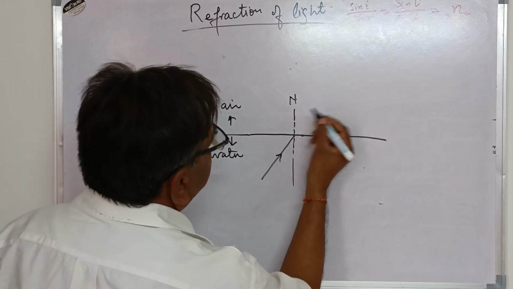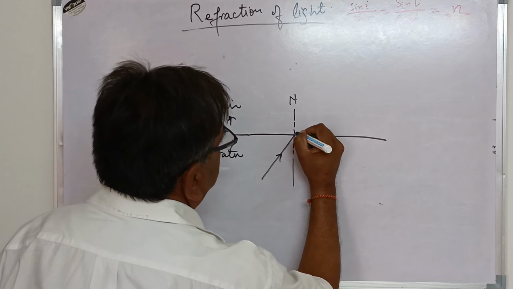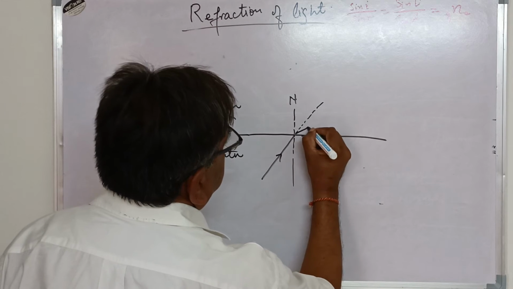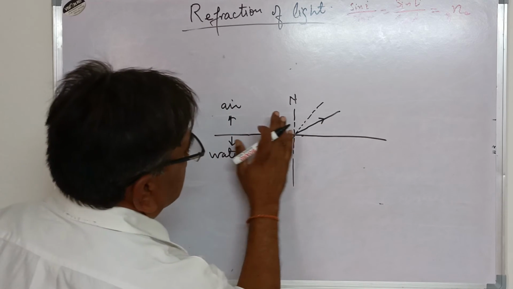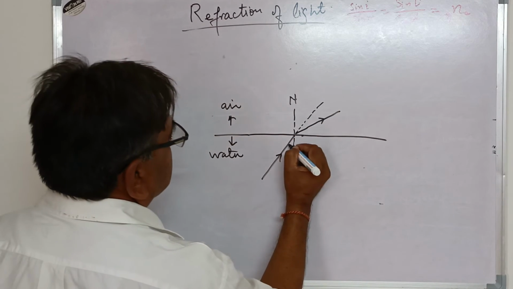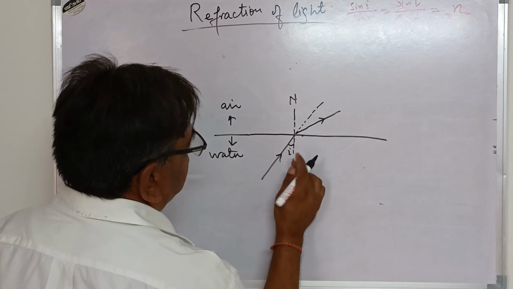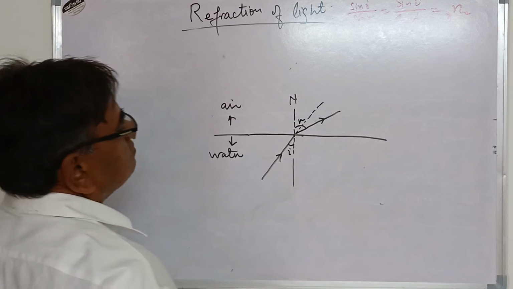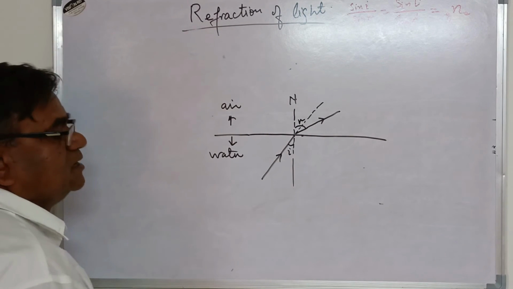It bends away from the normal. It will not follow its original path. It goes away from the normal. This is I, always the angle from the normal, and this is R. R will be greater than I.